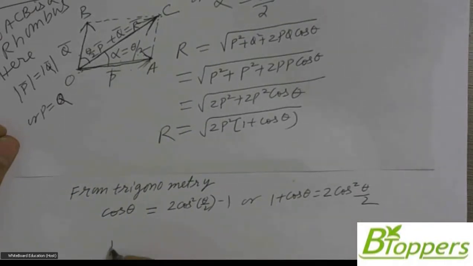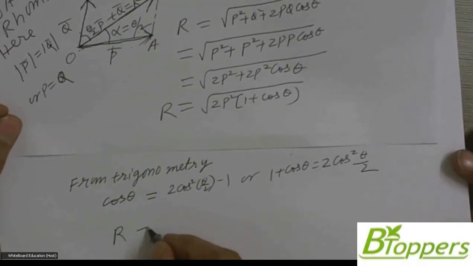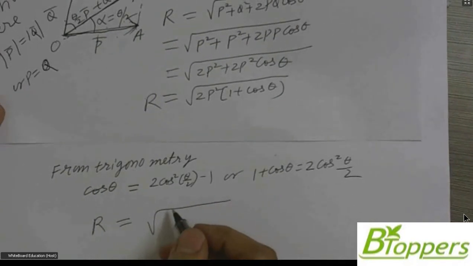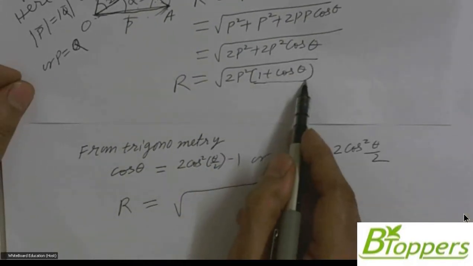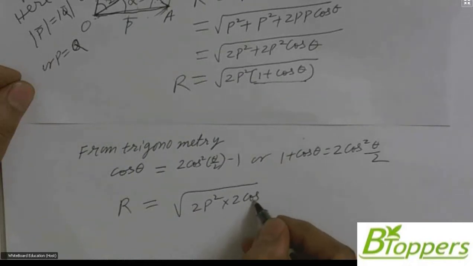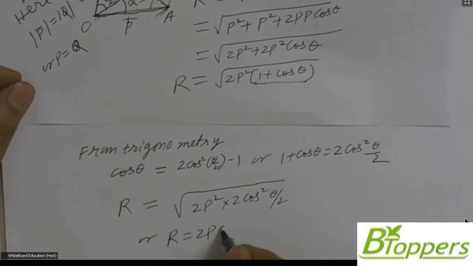Therefore we can write r equal to root of, substituting 1 plus cos theta in this step, 2 cos square theta by 2. So you get r equal to 2p cos theta by 2.